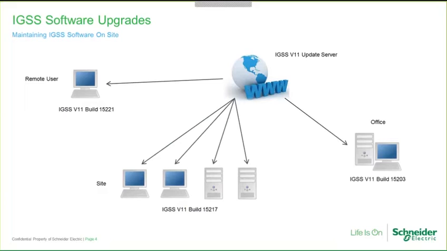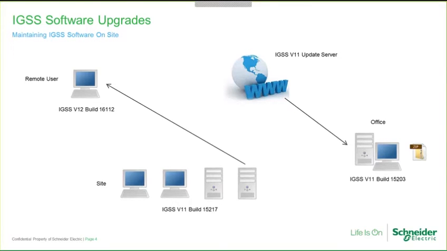That had the effect that, over time, when you looked at the latest build in the office, you would have, like in this case, build 15203, and then when you started the upgrade on site, you would have a newer build. If it took some time to upgrade all the stations on site, you could have different build numbers. First of all, that is not perfect, and you needed to have an internet connection on the site.